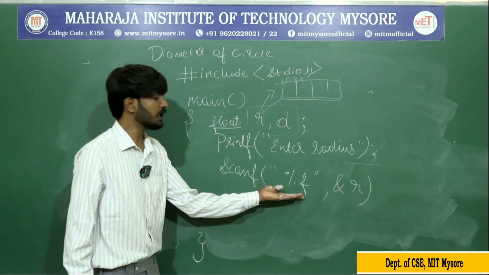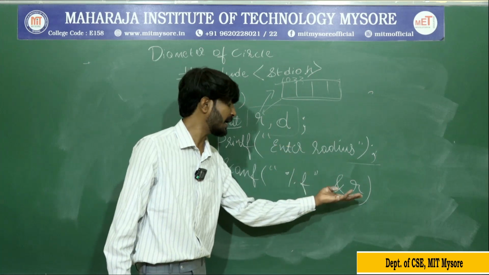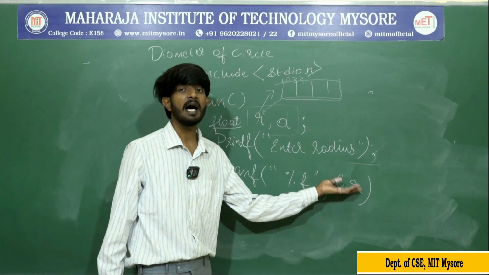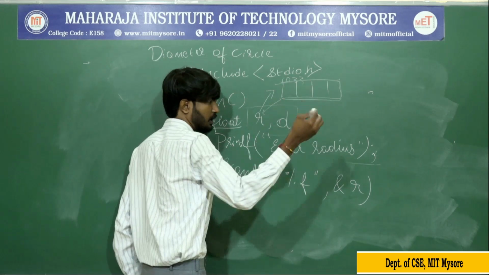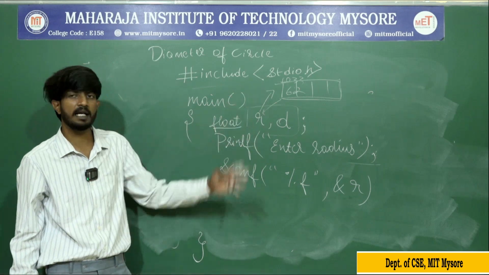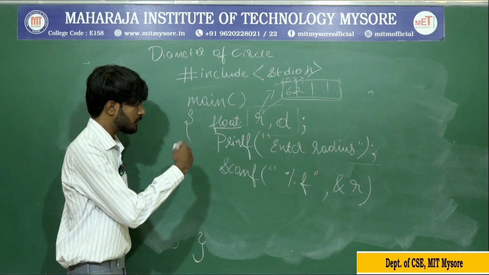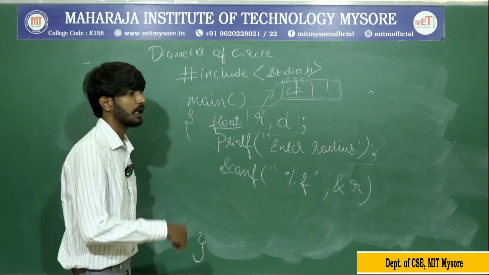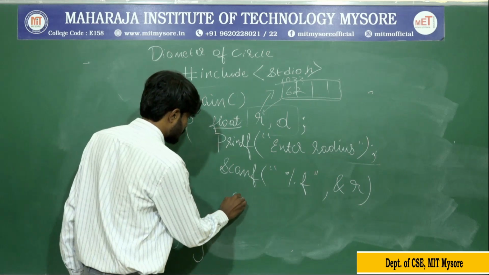If I take the input from the user, I need to store that value to the address of r, not to r. So if I give 6.2, it is going to be stored in the address of r.